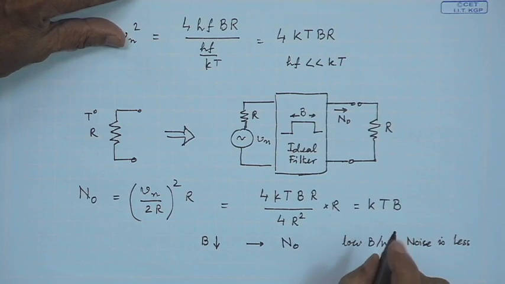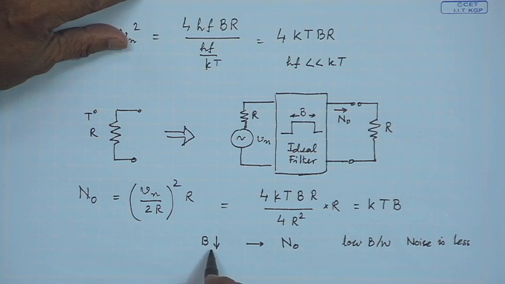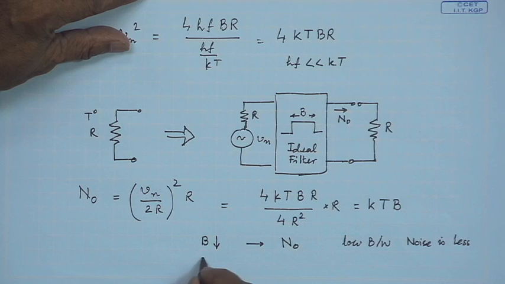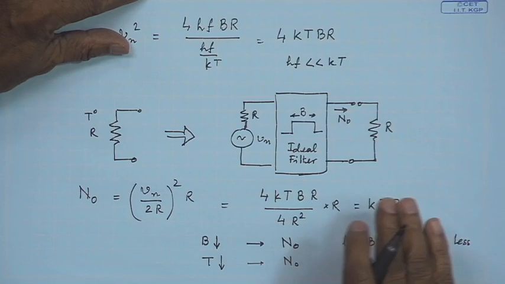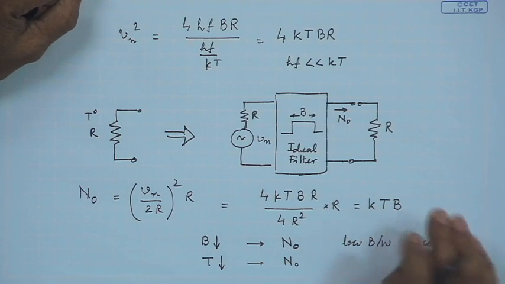We talked about the residual noise power having to be reduced. So, low bandwidth, noise is less. Similarly, look at T. If I reduce T, then also noise power is less. So, as the temperature of the system or subsystem is lower, the noise is less.